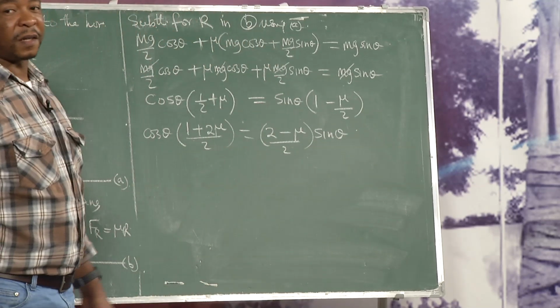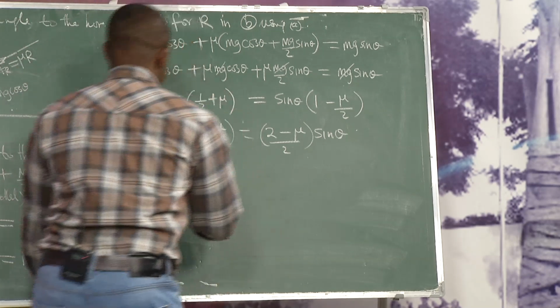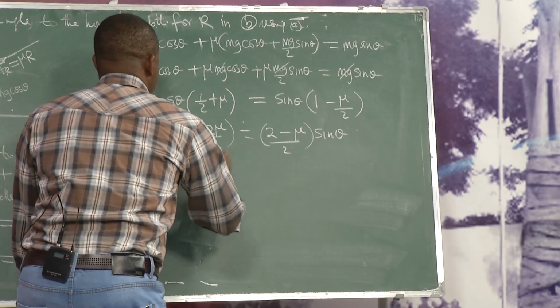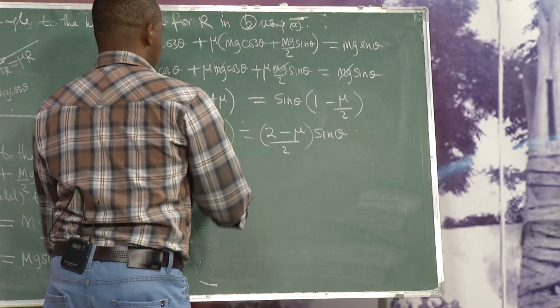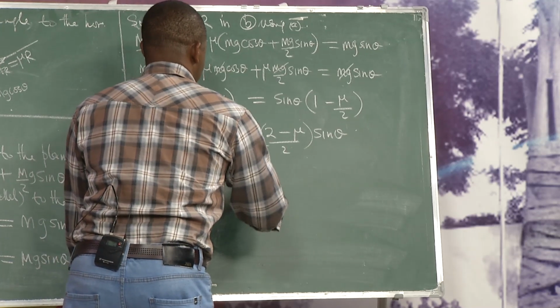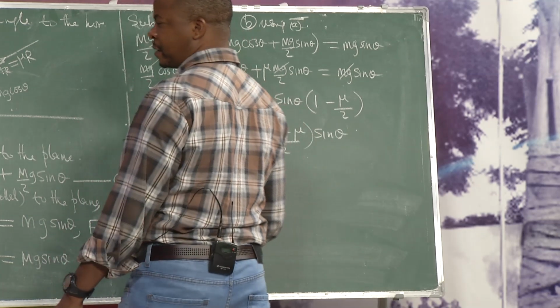Since I am interested in getting the tan of theta, I will divide by cosine. This 2 will cancel.